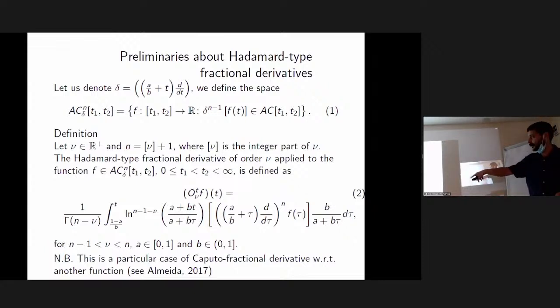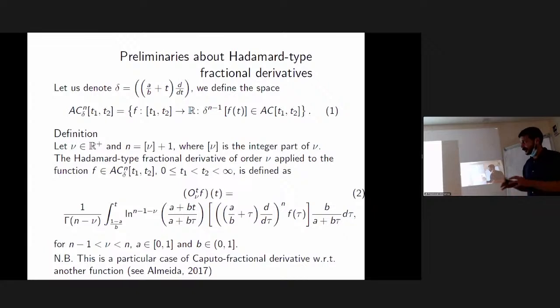Here you can define a Caputo type or Riemann-Liouville type counterpart of the operator, as you know, for all the fractional operators. And this is a particular case of the so-called Caputo fractional derivative with respect to another function. It is a really generic definition that is useful, from my point of view, when you want to study fractional diffusion, including in the definition of the fractional operator a time-dependent diffusivity.